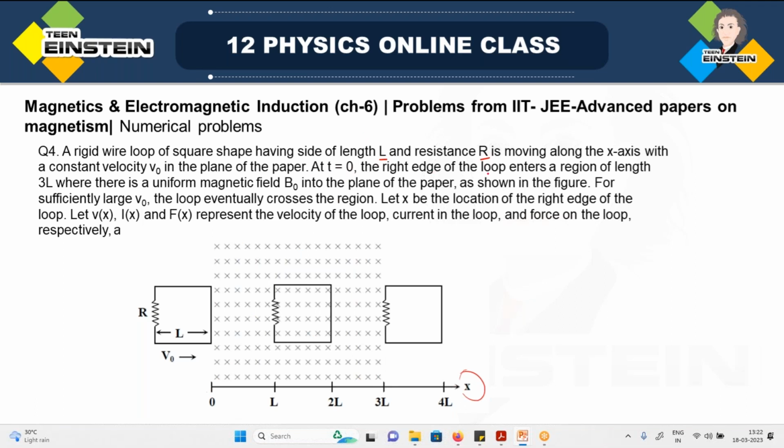So at t is equal to 0, the right edge of the loop enters a region of length 3L, where there is a uniform magnetic field B not into the plane of the paper, as shown in the figure.